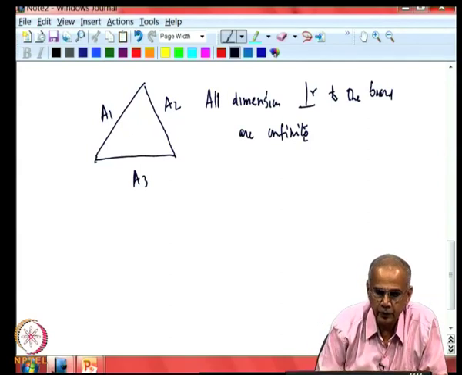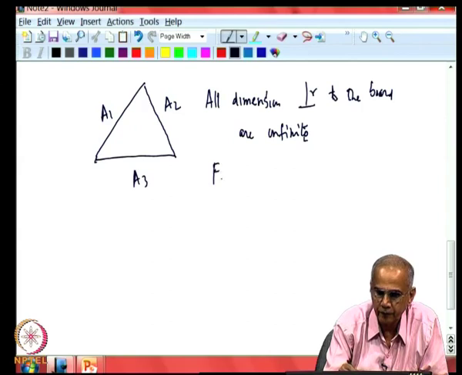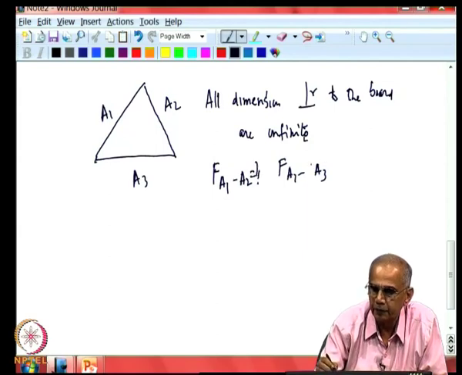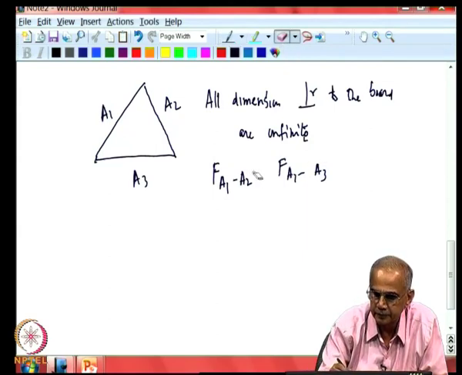Now, we will appeal to reciprocity and see, we know F A1 A2, F A1 A3. We want to calculate these quantities without actually performing an integration.